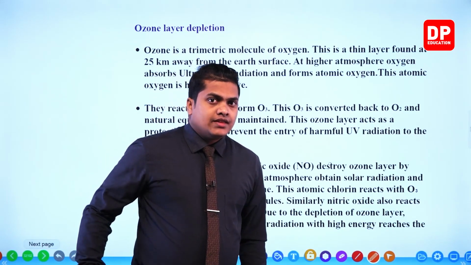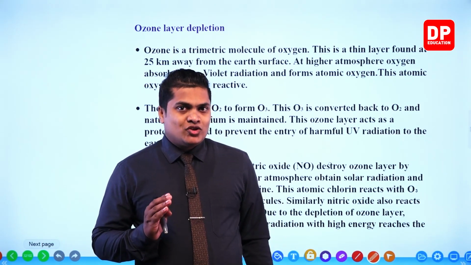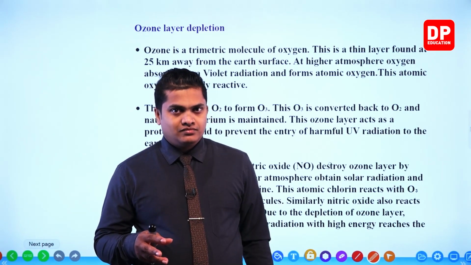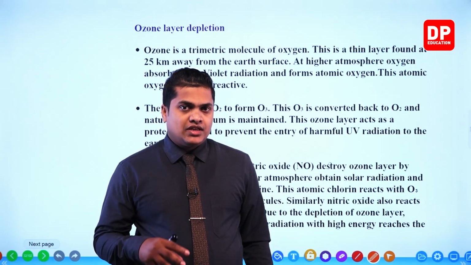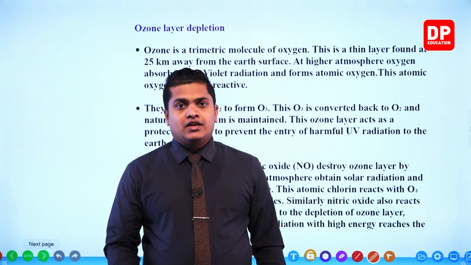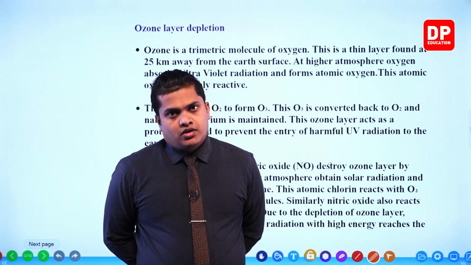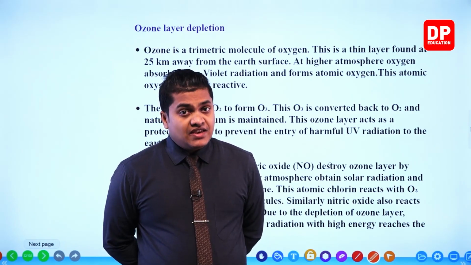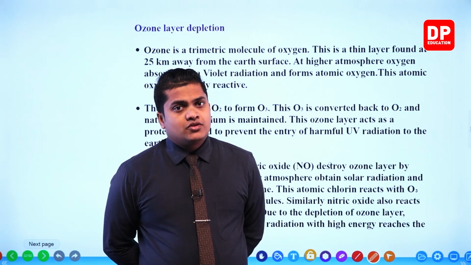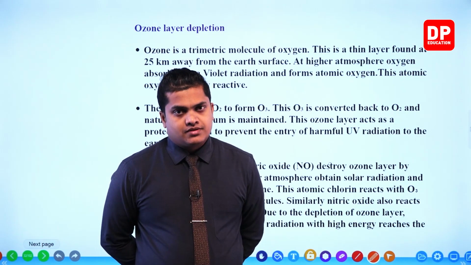So here the natural balance is broken, because within the natural balance, ozone breaks down into oxygen, then oxygen again absorbs solar radiation, then again converts into ozone. However, my dear children, if CFC is being released to the environment to a greater extent, then chlorine is going to react with ozone to create other different kinds of substances.